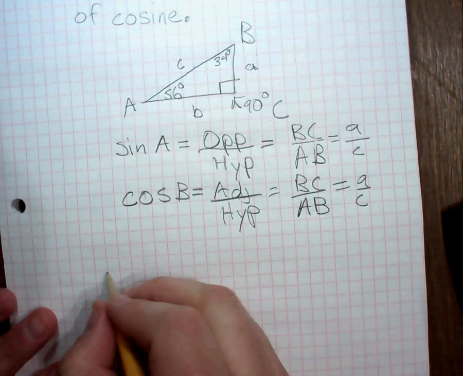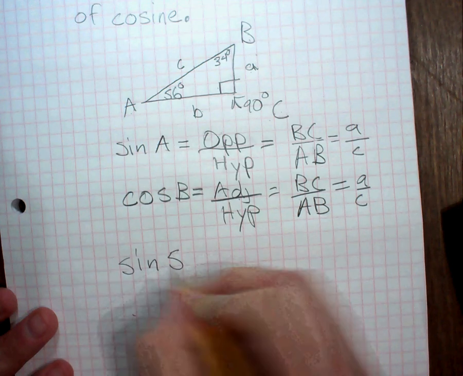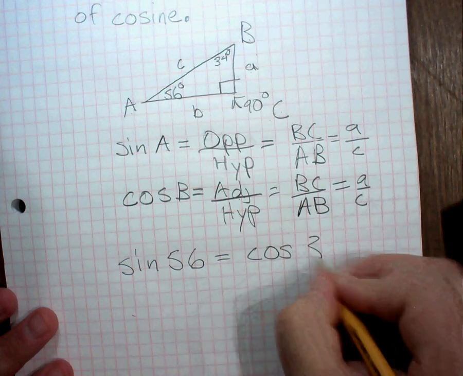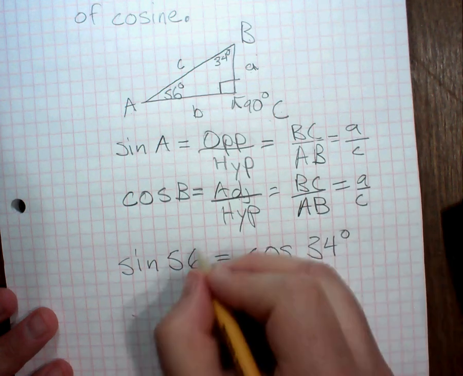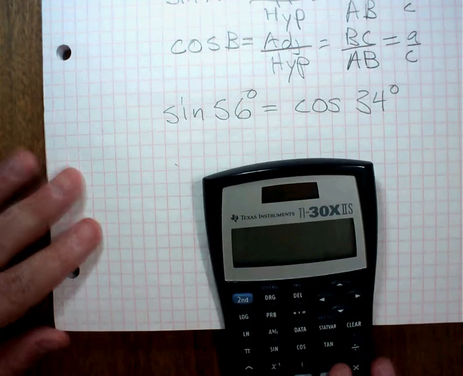So if I look at this, then I would say the sine of 56 degrees is equal to the cosine of 34 degrees. And we could actually prove that on our calculator.